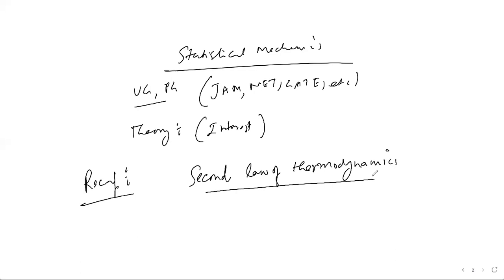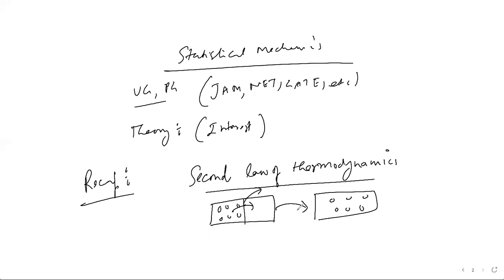For example, if you have a system filled with gas and divided by a partition into two parts, there's a pressure gradient in the system. If you remove the partition, there's a flow of molecules from one side to the other, and the molecules fill the entire box. So there's a spontaneous way of proceeding.